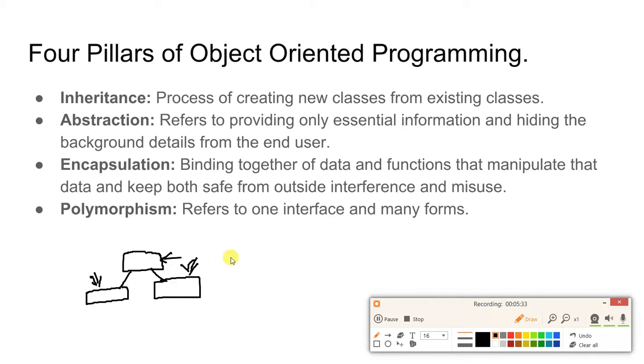And then abstraction. So what is abstraction? Abstraction refers to providing only essential information, hiding the background details from the user. For example, nowadays people always use a smartphone, and smartphones have many features. For example, there is a feature to call someone, and there is a list of contacts in the smartphone.